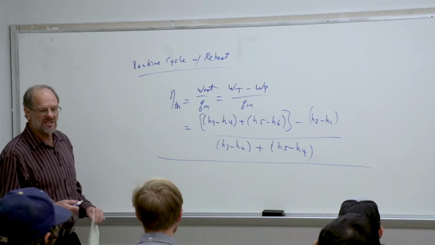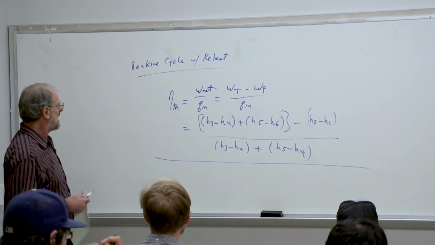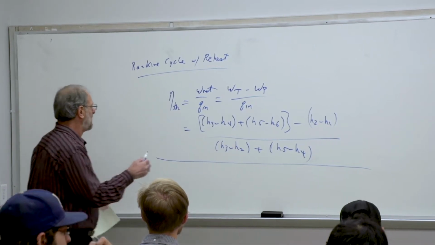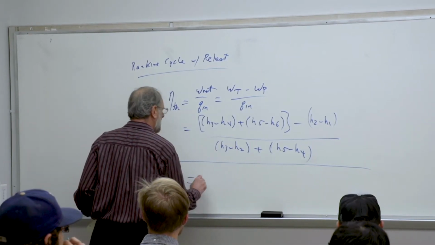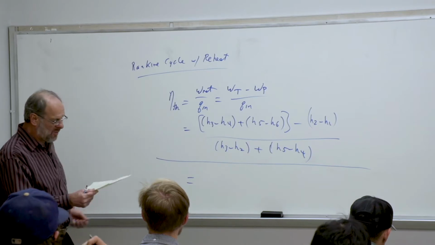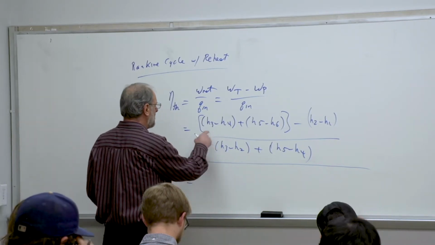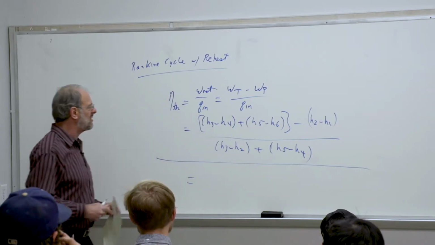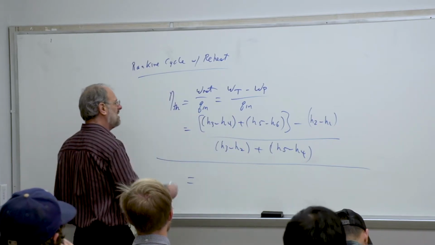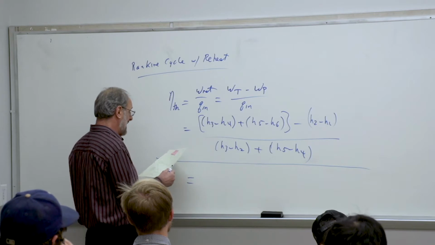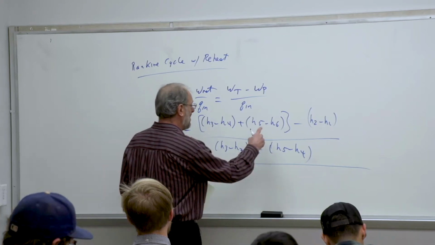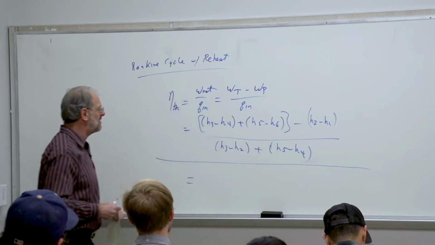So this then is the overall equation for the thermodynamic efficiency. Okay? And again, it's just going to be in terms of enthalpies. Now, one thing you could do if you really wanted to, certainly we don't have to do this, but we could indeed rearrange this whole equation. We could put an H3 minus H2 term together in the numerator, and an H5 minus H4 term together in the numerator.